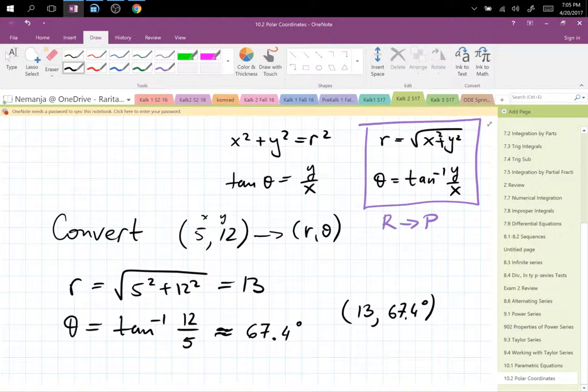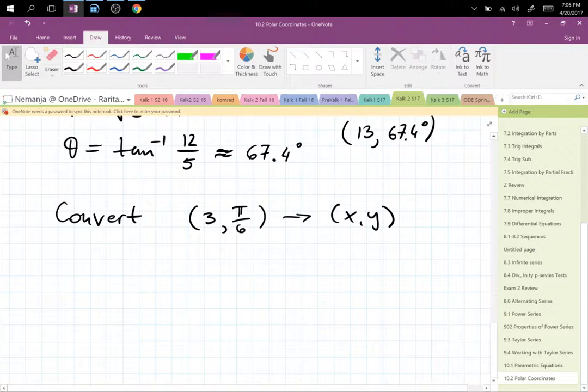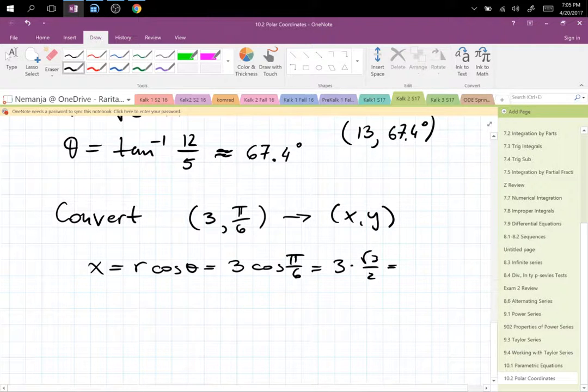Now, since most of you are engineers, you mainly deal with degrees. You will rarely use your radian skills. So that's the conversion. And you can also convert, let's say, 3, pi over 6 into rectangular Cartesian coordinates by simply saying x is equal to r cosine theta, which is 3 cosine of pi over 6, which is 3 times root 3 over 2.